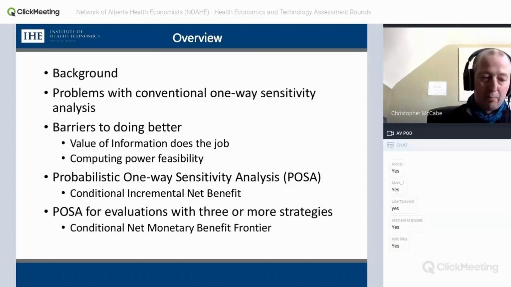Identify some of the barriers to doing it better. And then I'll describe some recently published work that we've done to describe a new approach to one-way sensitivity analysis that overcomes the problems with conventional approaches.